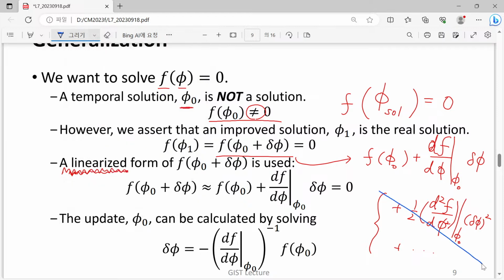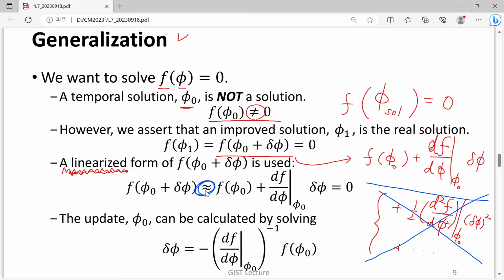So we neglect any kind of non-linearity and take just the linear term. Then by applying the first order Taylor expansion, linearization, we have this form, and from our assertion that should be 0. Now we take this delta phi as an unknown variable, and this first order derivative can be evaluated.